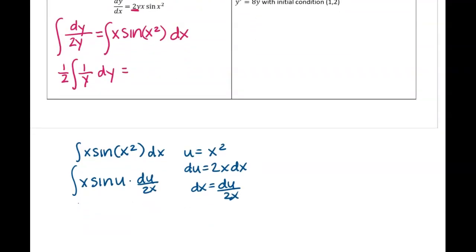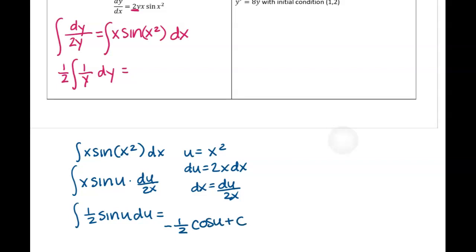X's cancel, so we have the integral of 1/2 sine of u du, which is, let's see, derivative of cosine is negative sine, so derivative of negative cosine is going to be sine, so we get negative 1/2 cosine of u plus c.